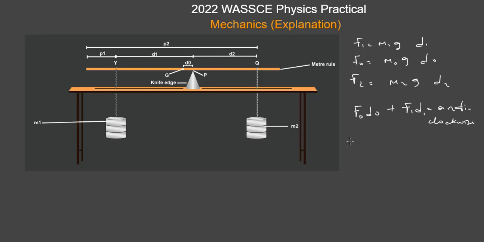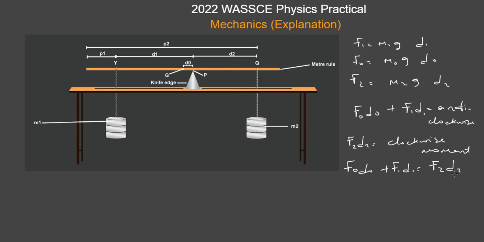Then F2 d2 is the clockwise moment. So we can equate both. According to the principle of moment, the anticlockwise moment should be equal to the clockwise moment as long as the system is at equilibrium. So we can say that F0 d0 plus F1 d1 equals F2 d2.